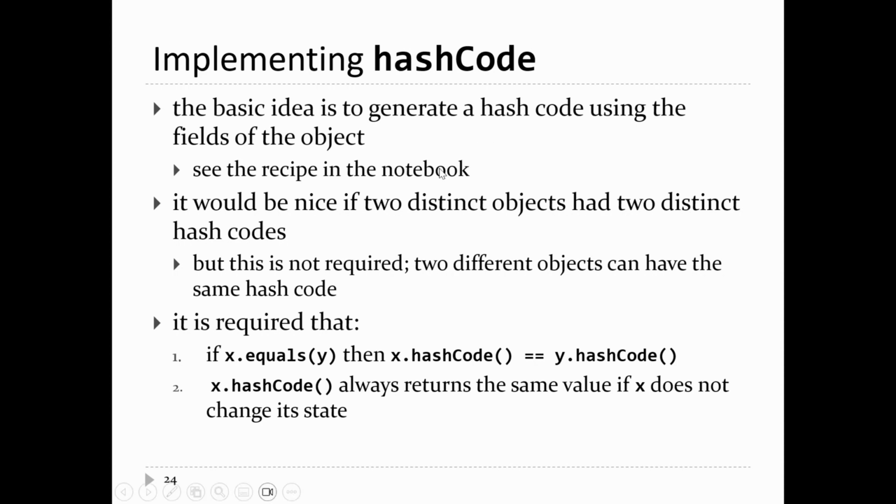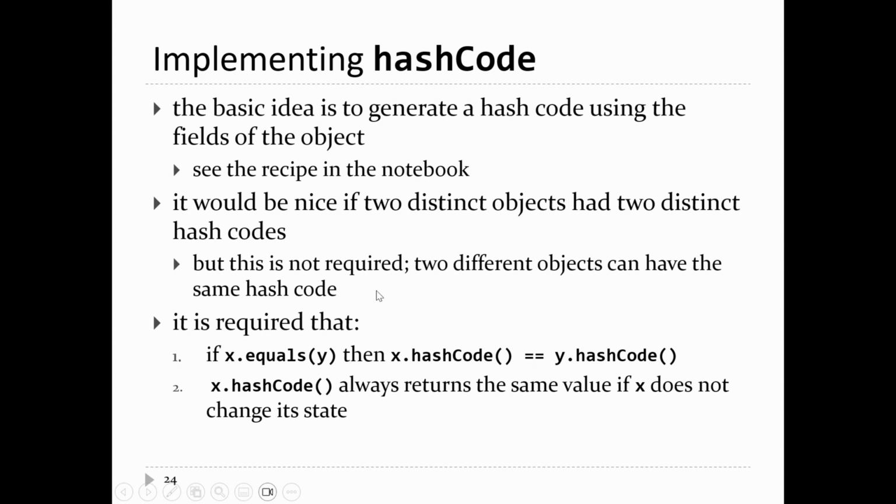When you implement hashCode, it would be nice if two unequal objects produced unequal hash codes, because you want to put these unequal objects into different buckets in the hash table. It would be nice if that happened, but it's not required. You can have two objects that are not equal but produce the same hash code. If you think about it, that has to be the case.